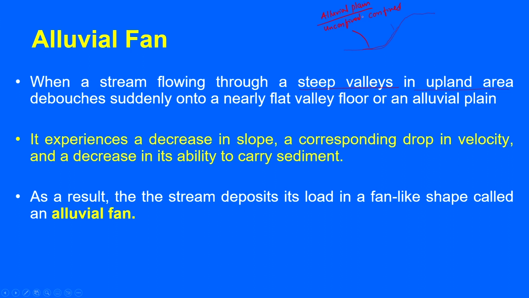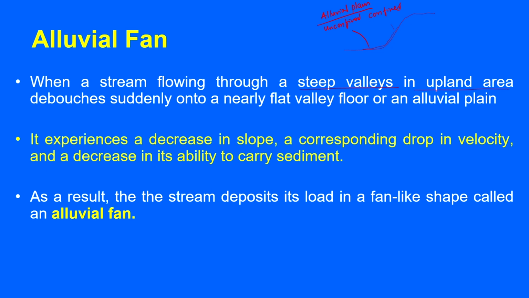So, basically I will explain here. You are having a slope here. In this portion, like in the uplands, it will be confined, but here it is getting unconfined. Okay. And again there is a sudden change in the gradient. So, that is what we will see here.